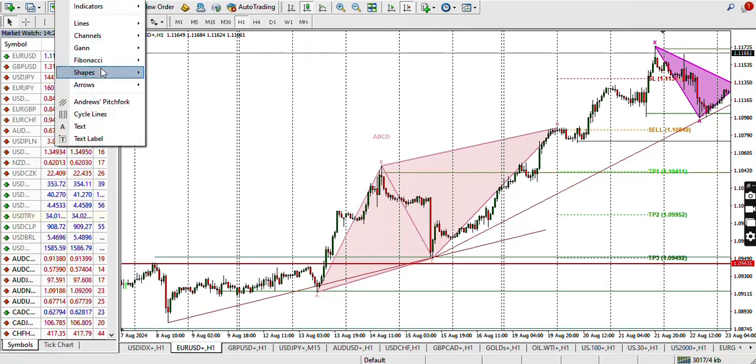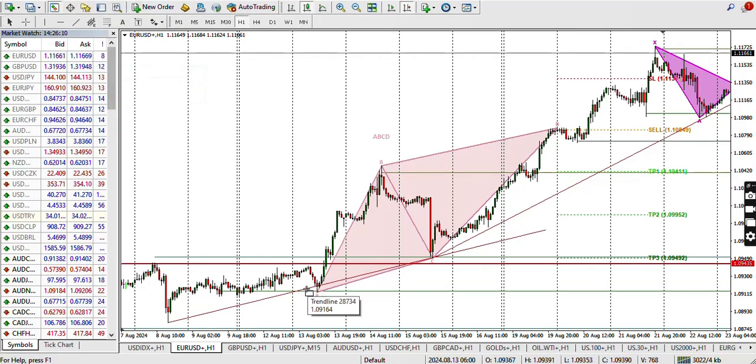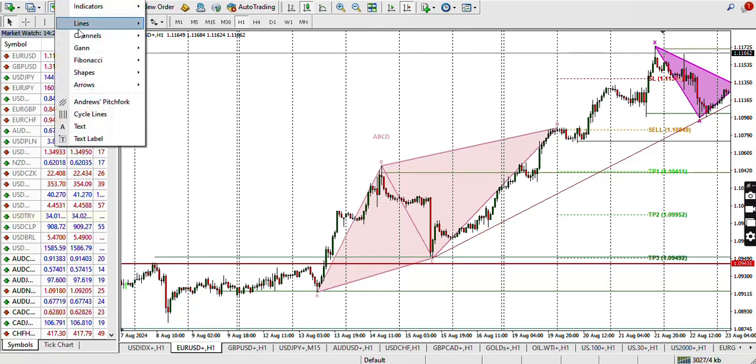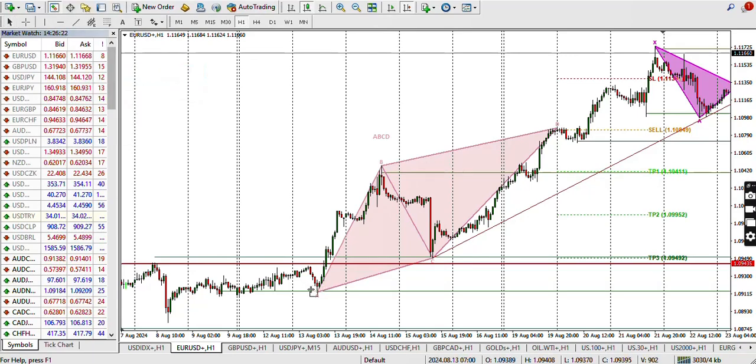Let me use my shaping tool. So let's say you took a trade here, and that trade went up.